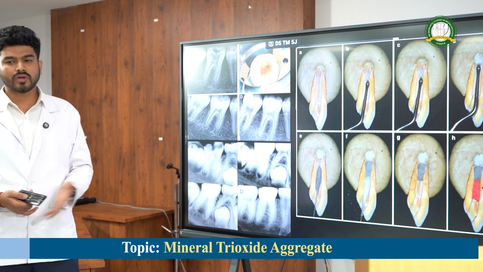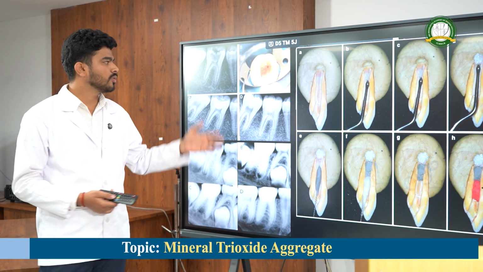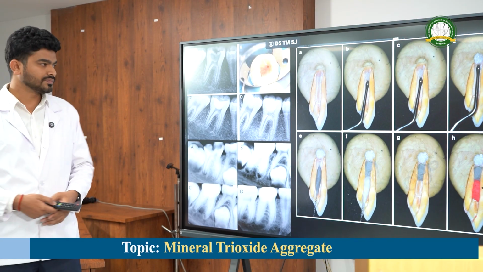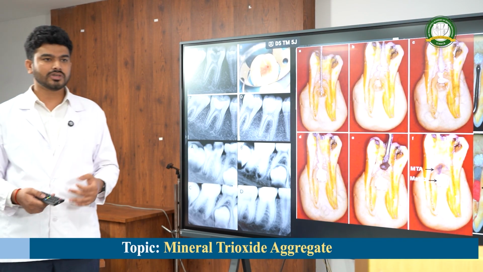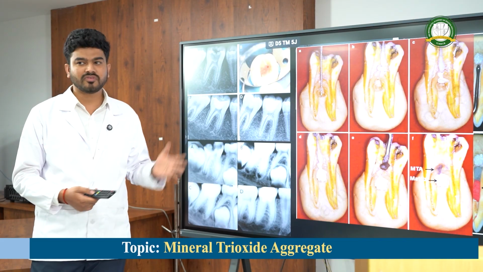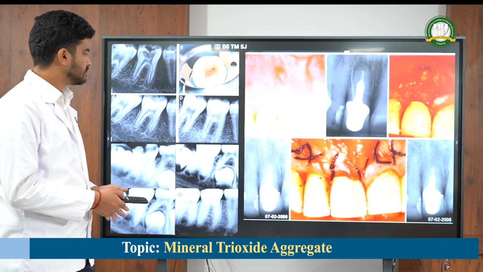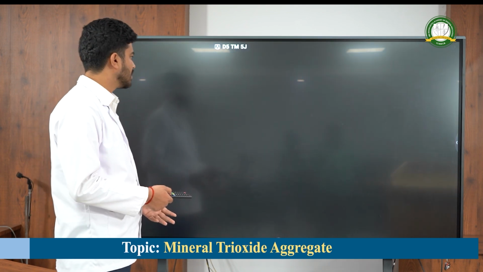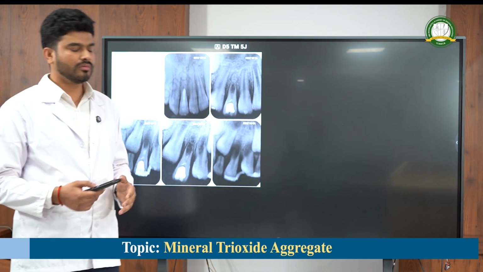If you want to perform a root canal procedure, first you place MTA at the root end, followed by proper obturation. We can also use MTA for perforation repair, in cases of root resorption or root fracture.